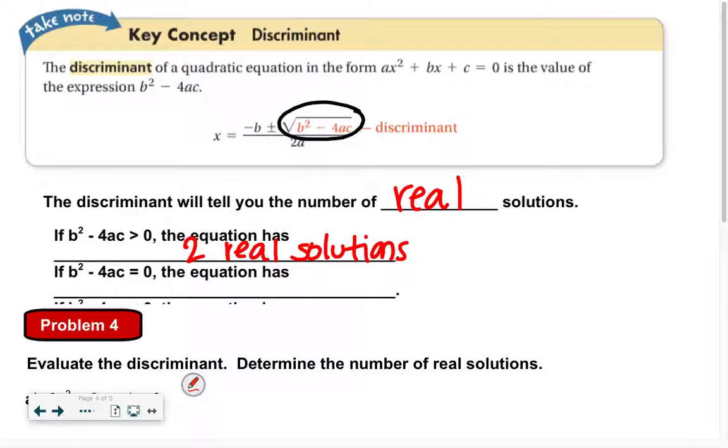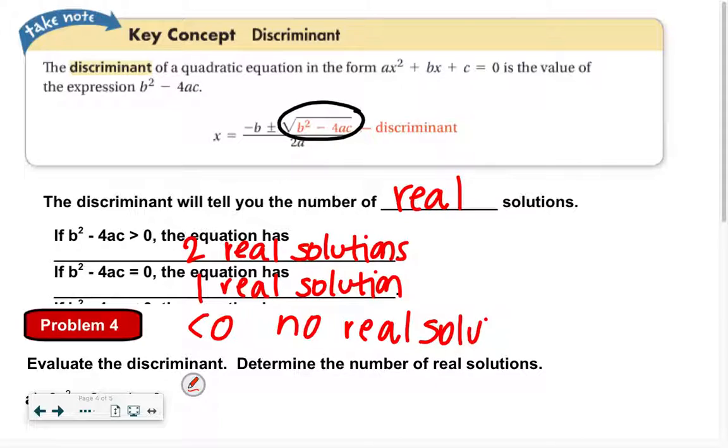When it equals 0, like that second one we did, how many solutions were there? 1 real solution. And when it's negative, how many solutions are there? None. So when it's less than 0, there are no real solutions.